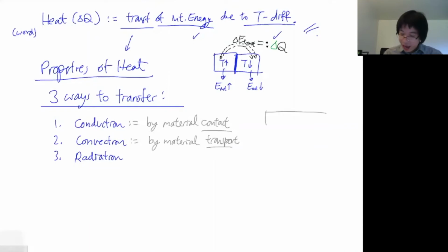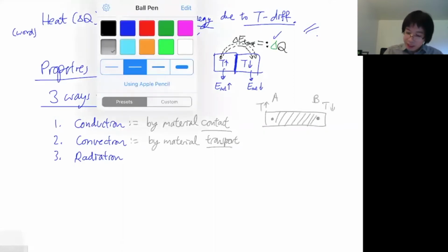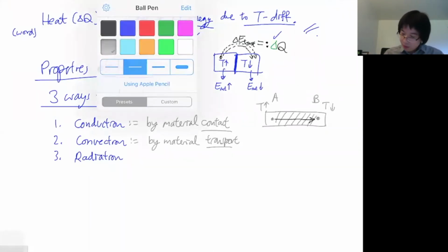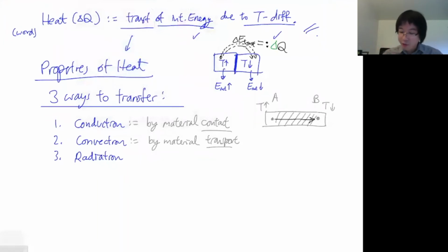So if you have an object like this, if this side is hotter than this side, let's say this side is point A and this is point B, and this side is colder, and they are in contact, this is one object. What happens is the heat will go from this side to this side and sort of move that way. This is transfer by conduction.